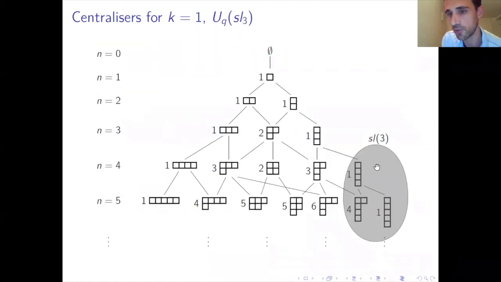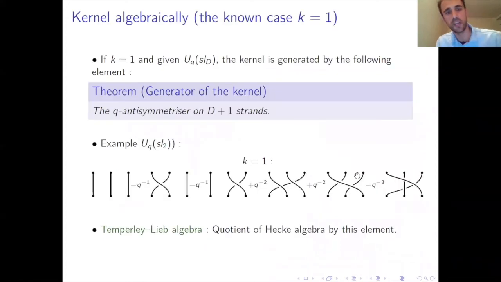For dimension 3, it's the same story with this representation. And so the answer is well known. In this case, the generator of the kernel is called the Q antisymmetrizer on a certain number of strands, D plus 1.